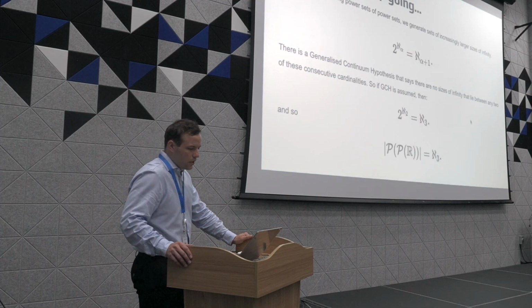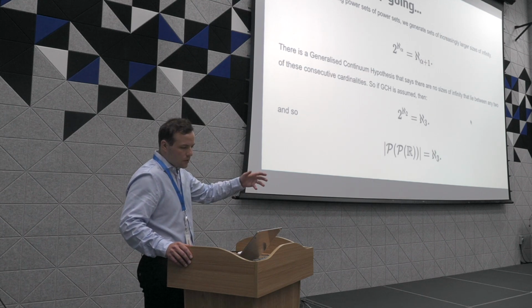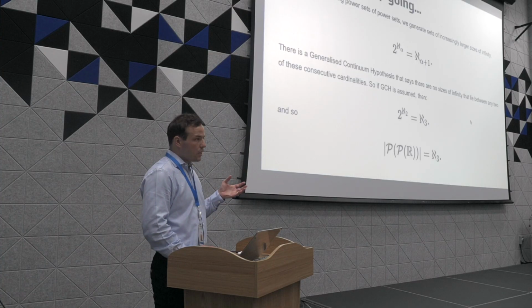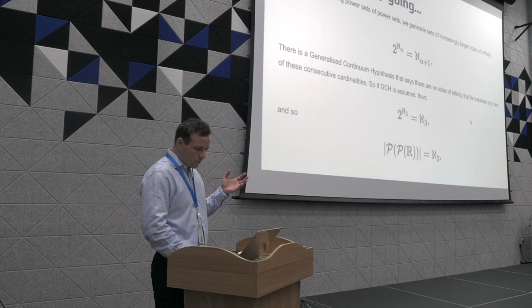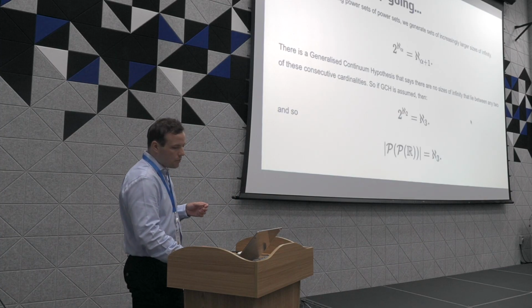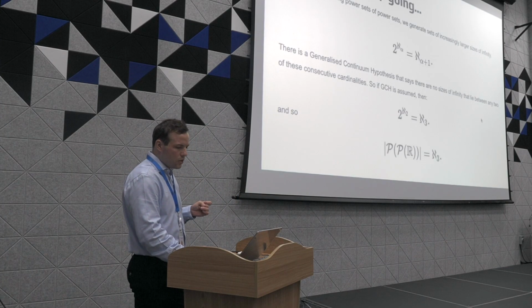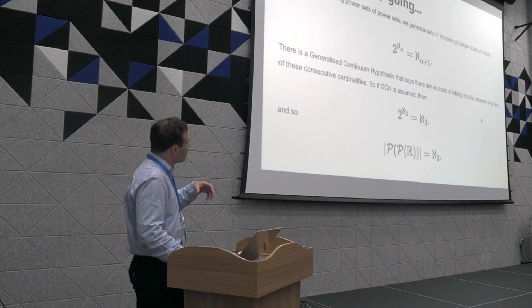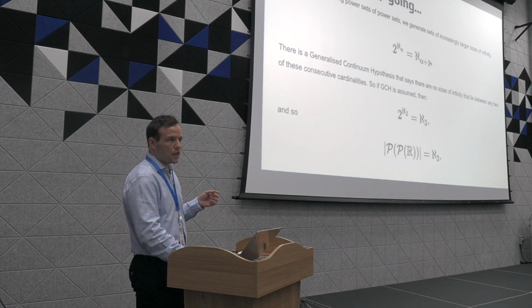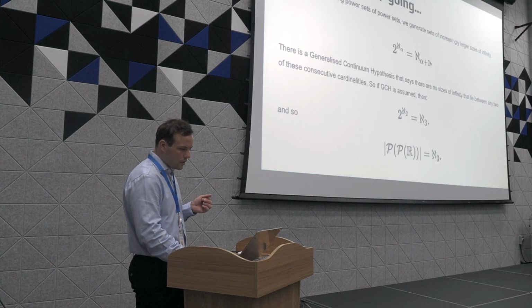And one can continue this process and look at the power set of this set and construct yet another larger infinity, and it goes on. And furthermore, there's a generalized continuum hypothesis that states that there's no set of intermediate cardinality in any two of these consecutive ℵ alphas.